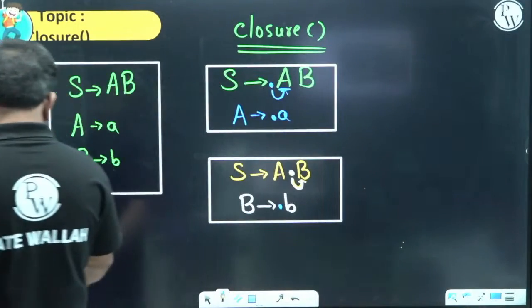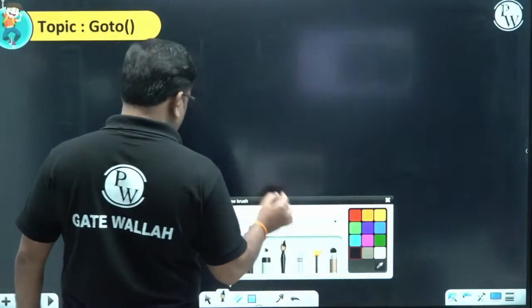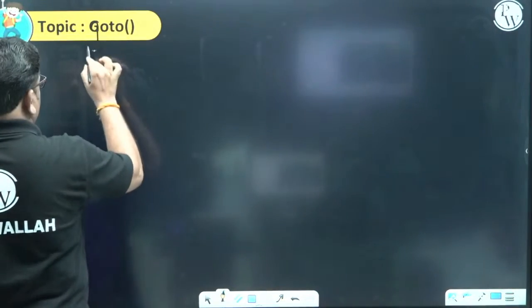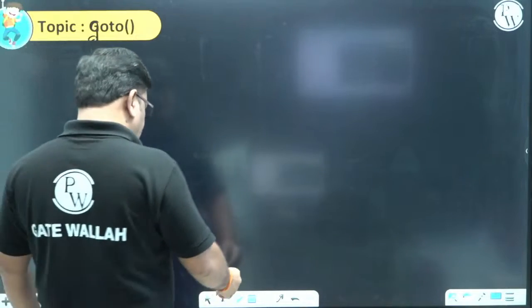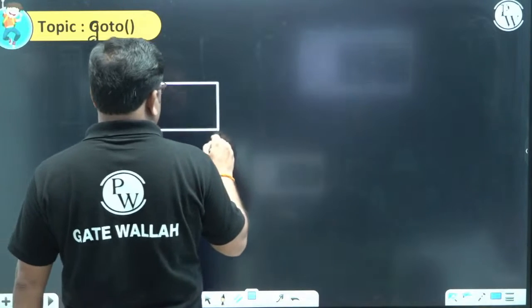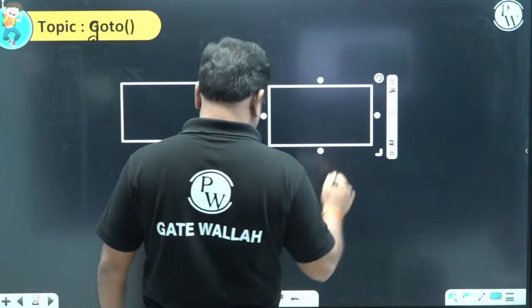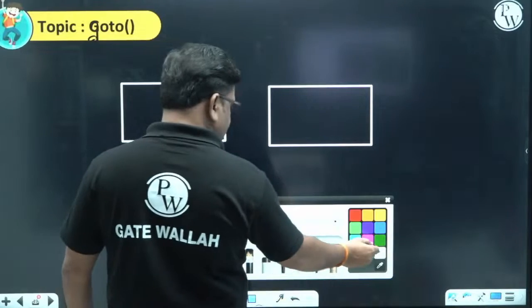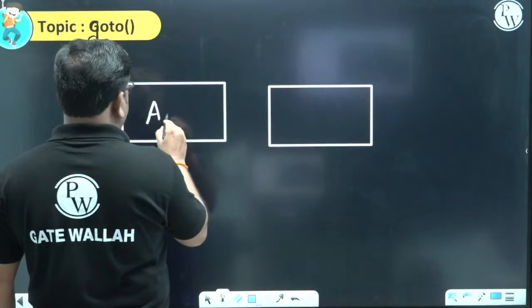Then we have something called goto. This is a small function actually. What is goto doing? Assume we have some LR0 item like this.